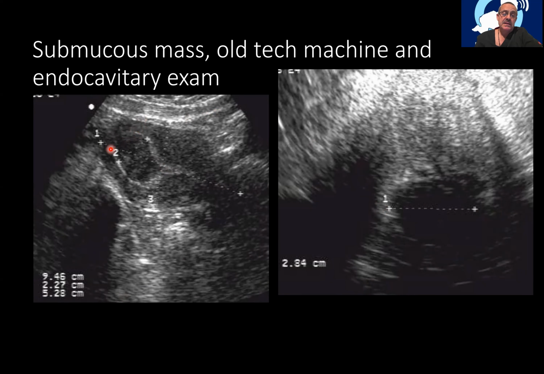An endometrial line mass which comes from the myometrium and enlarges inside the endometrial cavity is a submucous mass, most probably a fibroid. And this is the transpelvic approach and the vaginal approach.